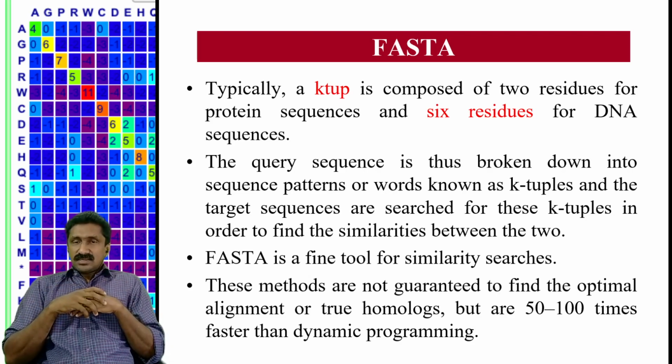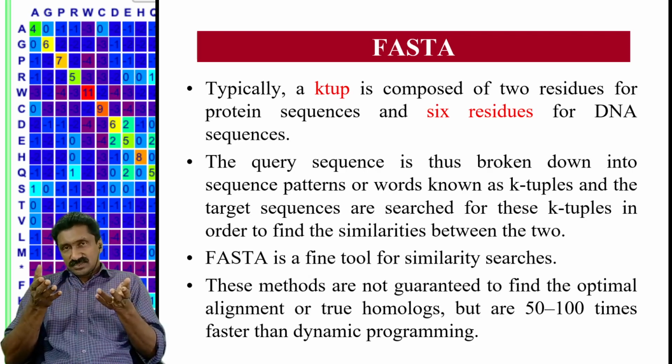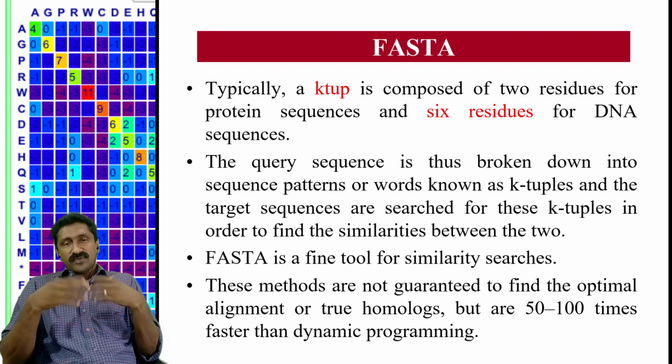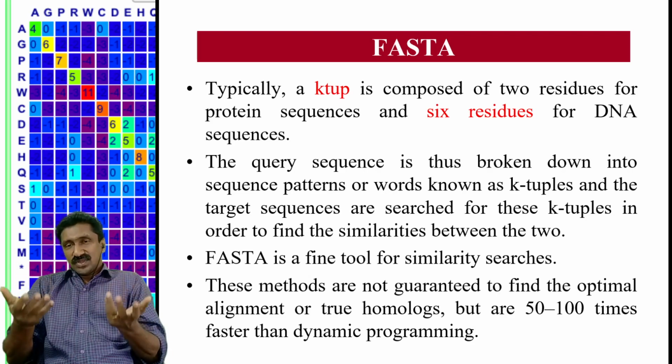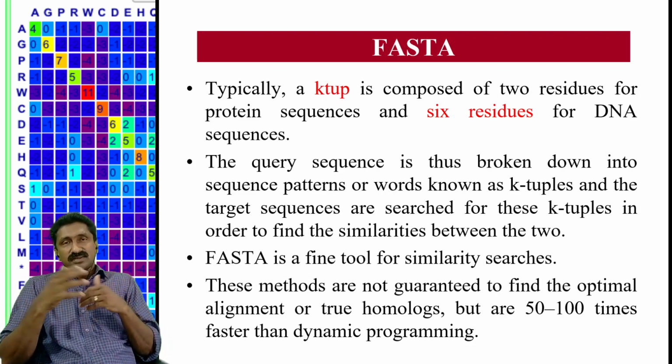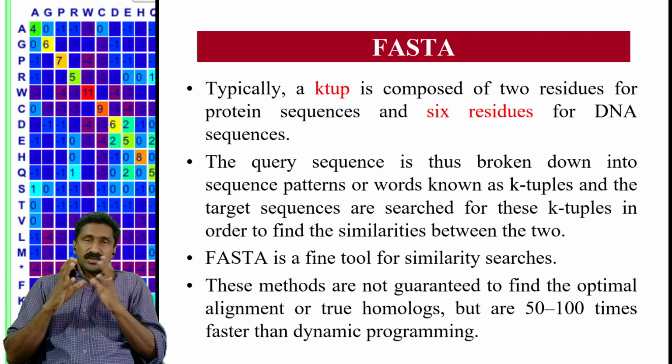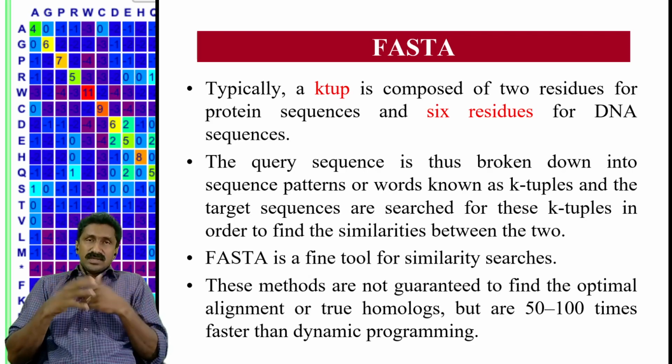Whereas in this case, we cannot assure that the optimal alignment is found. But it increases the possibility of finding good alignments 50 to 100 times faster, because it reduces the overall workload or computational requirement, and you still get the results.